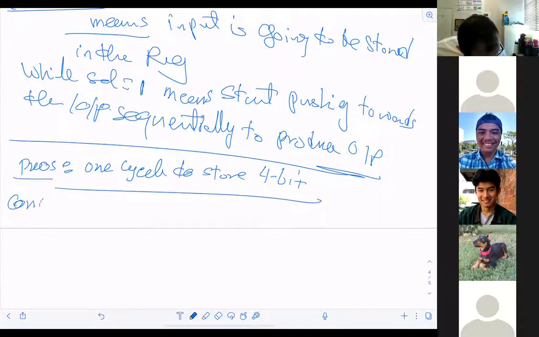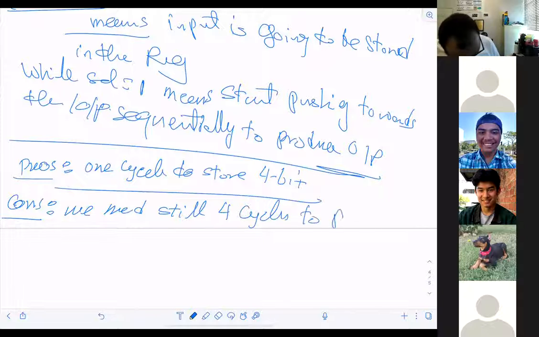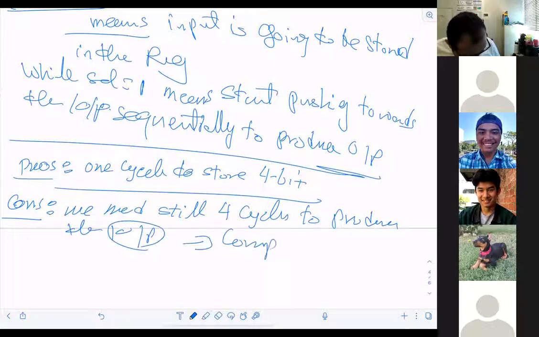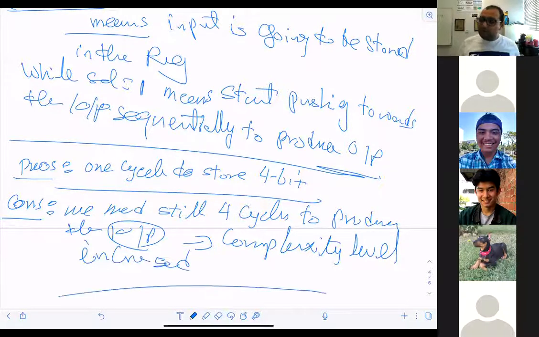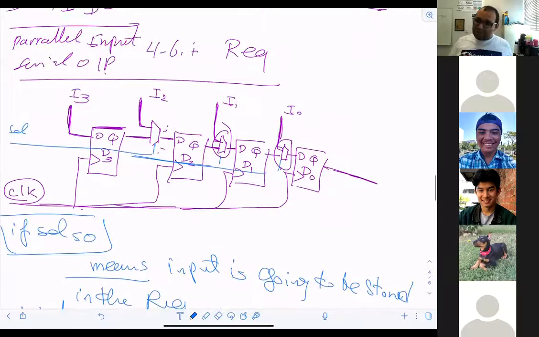We still need 4 cycles to produce the output. Also complexity and resources. Yeah, complexity level increased, which proves that there is no free lunch, right? Yes, I fixed it, made it 1 cycle, but I pay for it and add extra resources here.